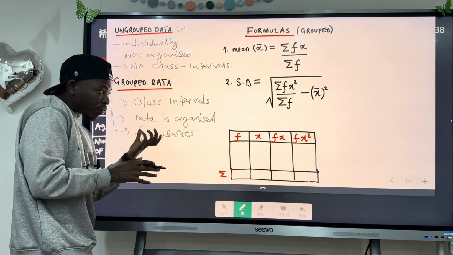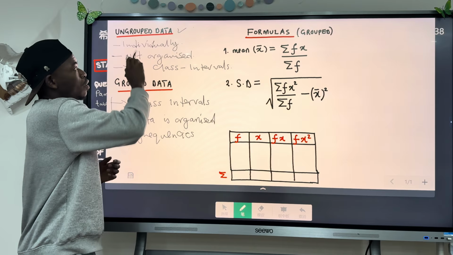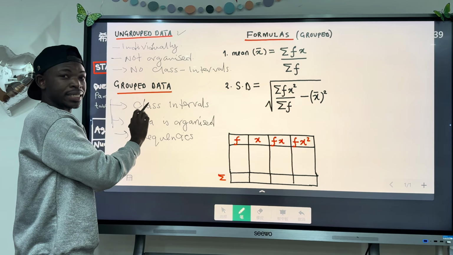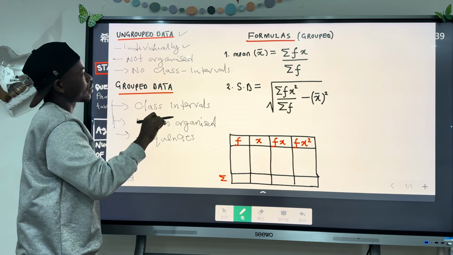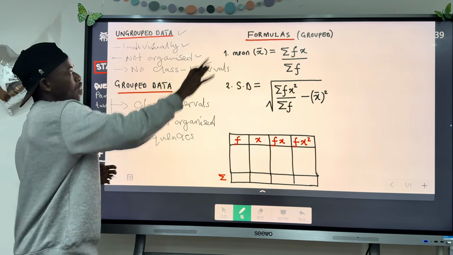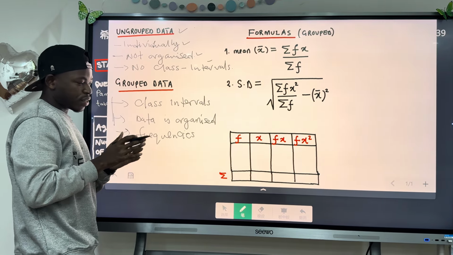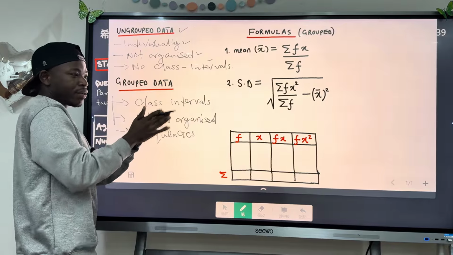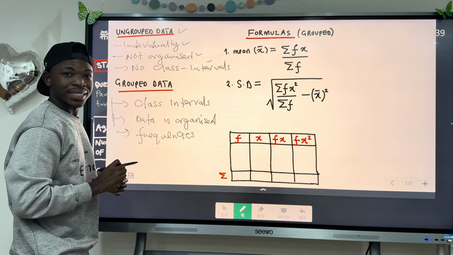It's organized with frequencies. Then we have grouped data. So one more thing, for ungrouped data, we have an individual data set. There are no class intervals. There are no frequencies whatsoever. How about grouped data? Once we see that data is organized, it's in ranges, it's in classes with frequencies, then we have grouped data.